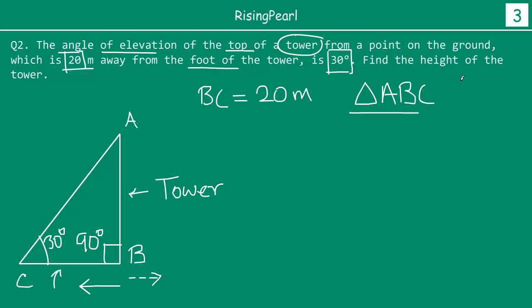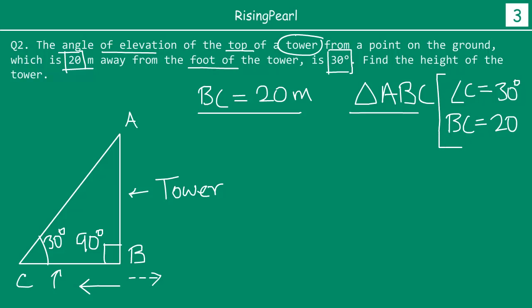We have angle C equal to 30 degrees, and we know BC is equal to 20 meters, which is the same as this. So we have a right triangle and one angle and one side is given.